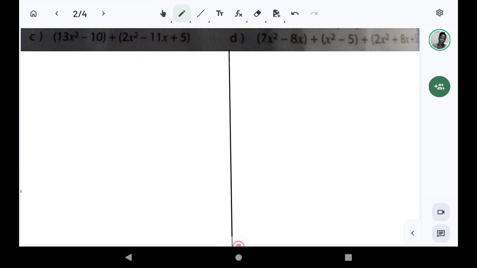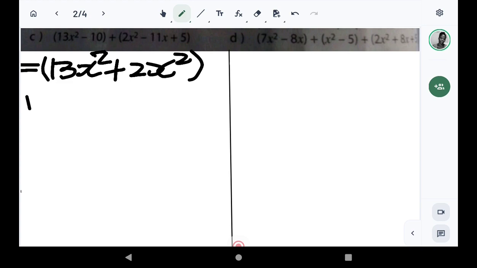Let's start. In brackets, we put all the terms that have x squared in them. That is 13x squared plus 2x squared. Plus, in brackets, the second terms are the ones that have x on their own.